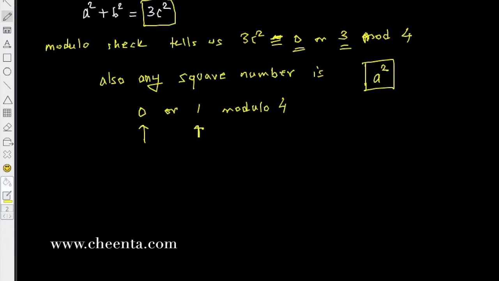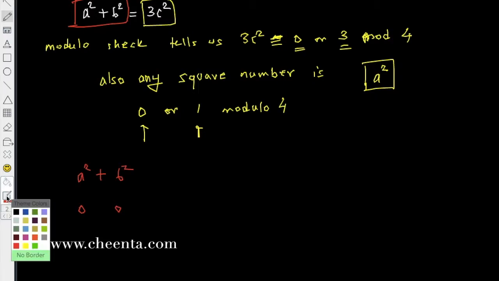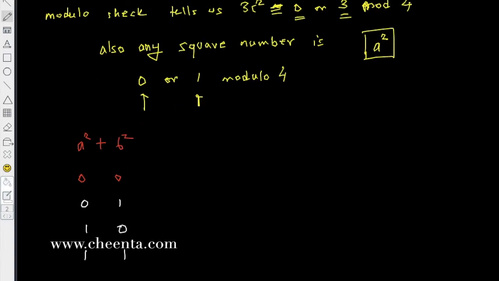Now, let's look at the left hand side. We know the right hand side gives remainder 0 or 3. What about the left hand side? So, a squared plus b squared, what are the possibilities? The possibilities are that both of them provide remainder 0, or one of them gives 0 and one of them gives 1. This can happen in two ways. Or both of them provide 1 as remainder. So if both of them give 0 as remainder, then we get 0 as remainder as their sum.